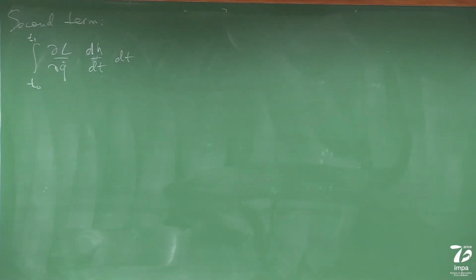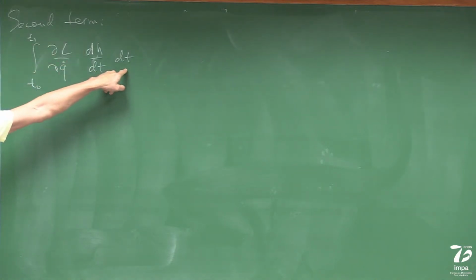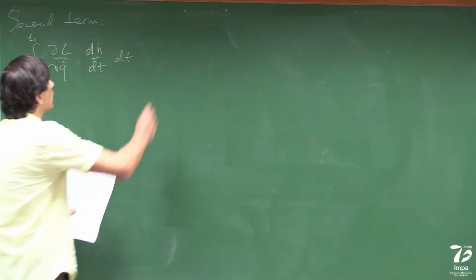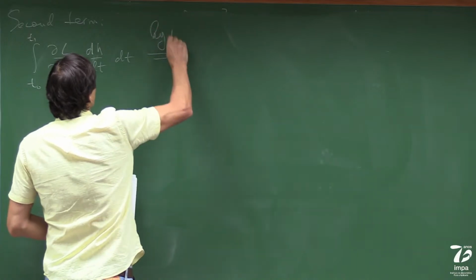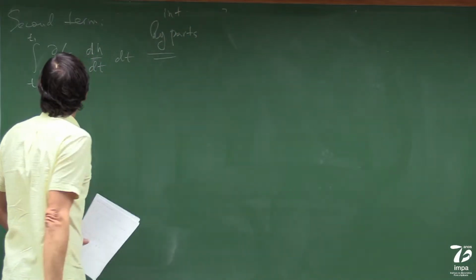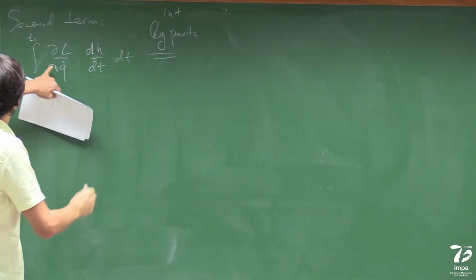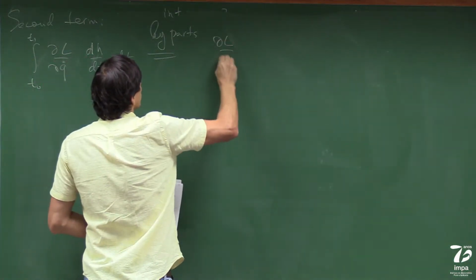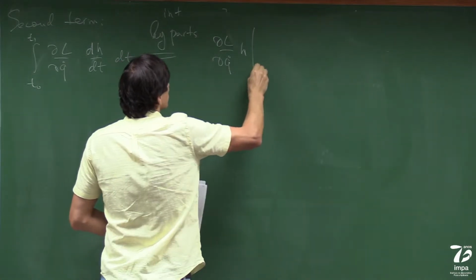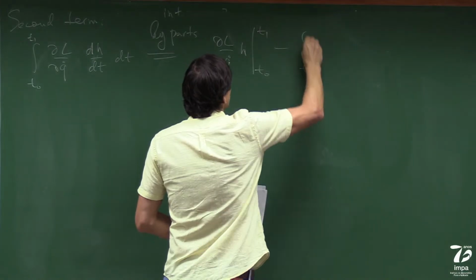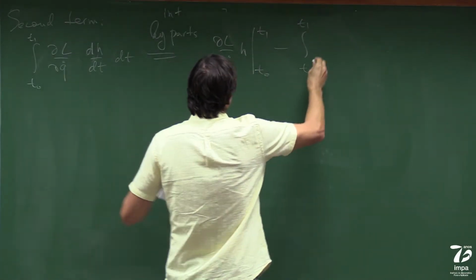What you can remember from calculus is that this is a function times the derivative of a function with respect to t, so you can integrate it by parts. So you put this derivative to the left. Integration by parts with this function h. So dL/dq dot h between the limits, and minus the integral, where you put the derivative on the other side.